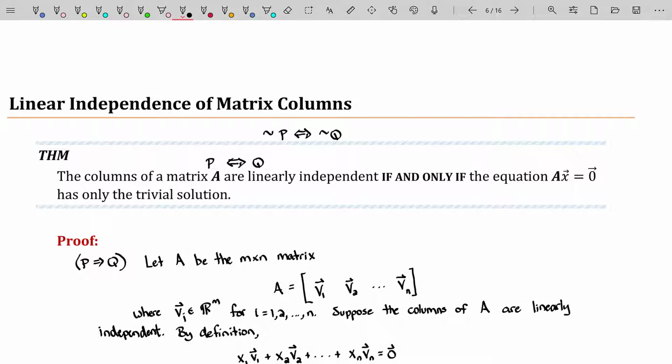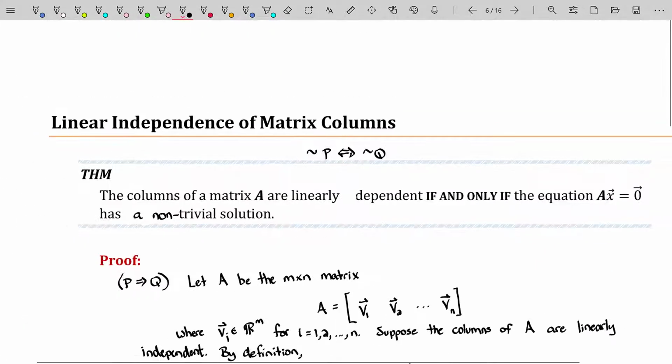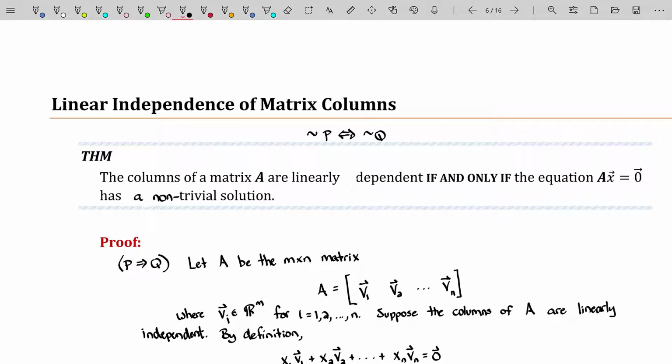But this theorem can also be stated as follows. The columns of a matrix A are linearly dependent if and only if the equation Ax equals 0 has a non-trivial solution. It could actually have an infinite number of non-trivial solutions, but as long as it gets to at least one non-trivial solution, we know the columns are linearly dependent. Notice how I did that negation.